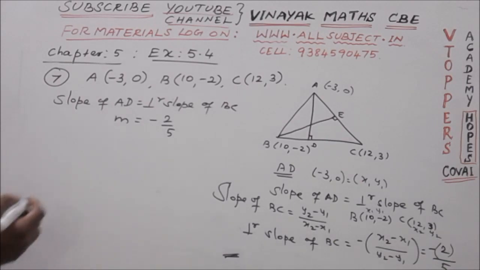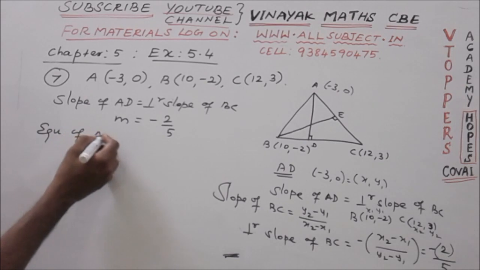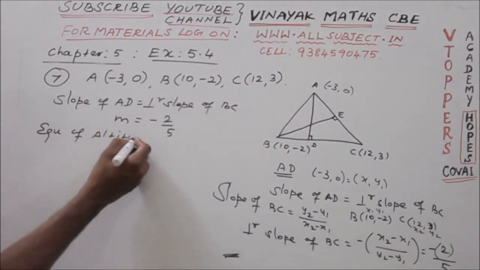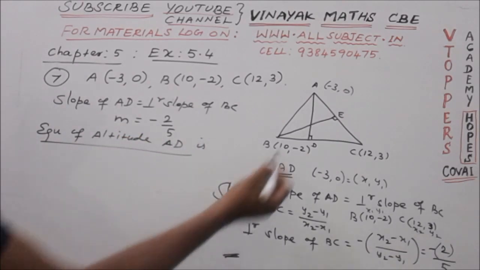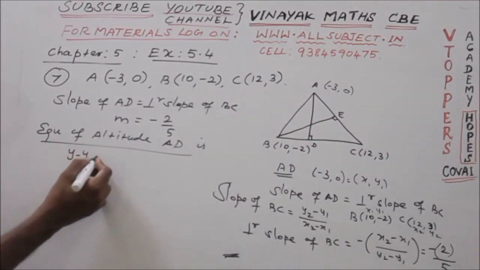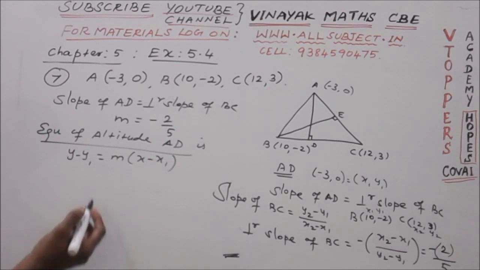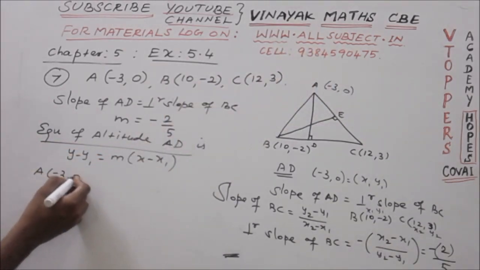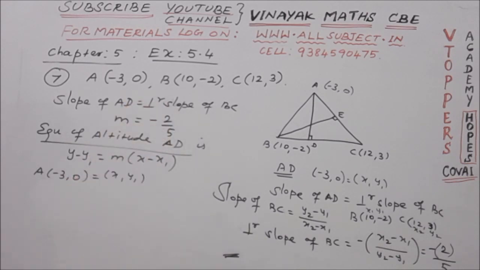Now, the required equation of the altitude through A, that is AD. It passes through a point and has slope m equal to minus 2 by 5: y minus y1 equals m into x minus x1. The point A is minus 3 comma 0, that is x1 comma y1, and m is minus 2 by 5.